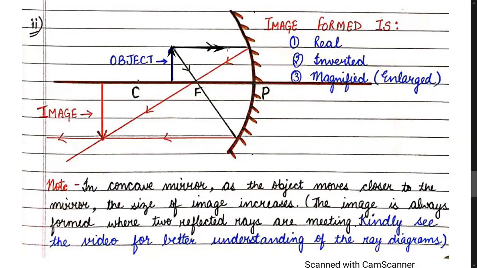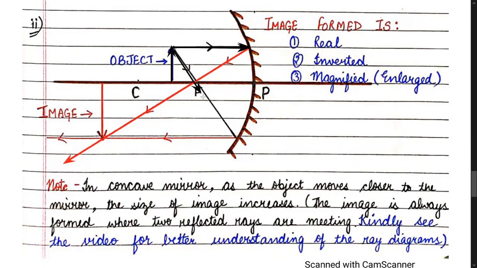A ray going parallel to principal axis, after getting reflected, passes through the focal point. So the reflected ray is passing through focus. And the other ray which I am taking is a ray passing through focus.